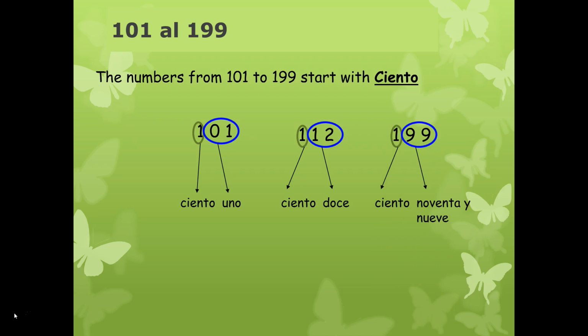Now, I want you to please write this down so you don't forget. Remember, these numbers start with ciento and then the other number goes. So ciento uno, ciento doce, and ciento noventa y nueve.